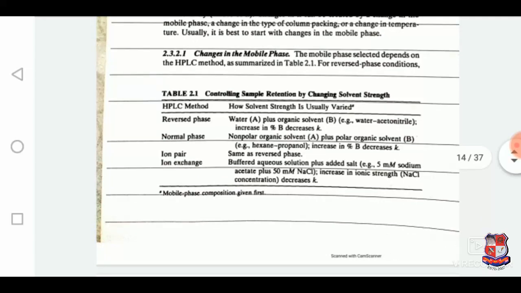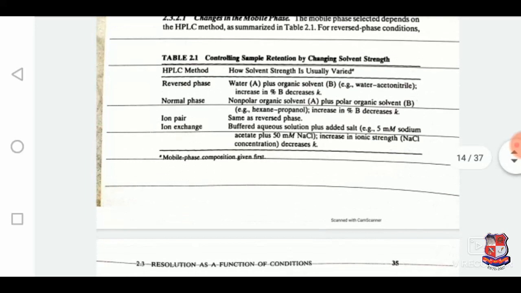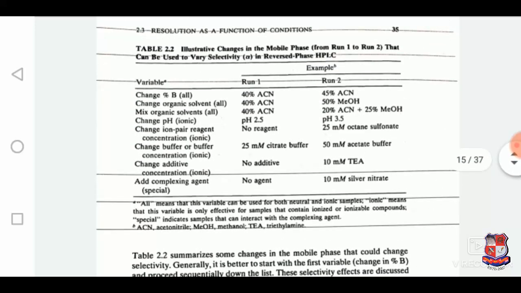This table illustrates controlling sample retention by changing solvent strength, how the solvent strength affects the sample retention. This table illustrates changes in the mobile phase that can be used to vary selectivity alpha in reverse phase HPLC.